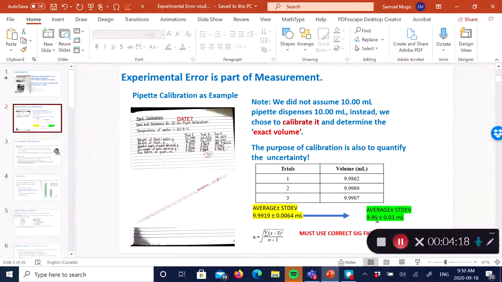And so my correct mean should be 9.99 plus or minus 0.01, because my first uncertain number should be my last significant figure. So very, very important. Take note of how you correctly report your data in terms of significant figures.